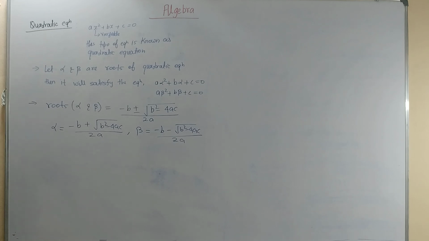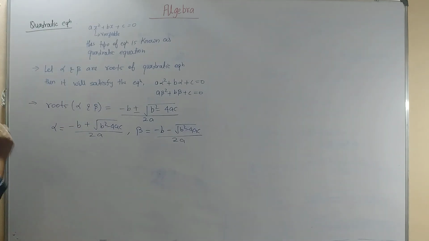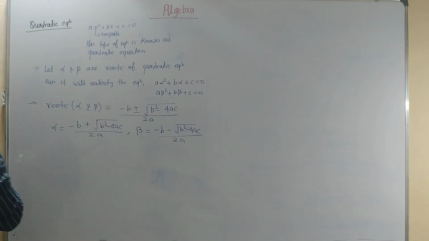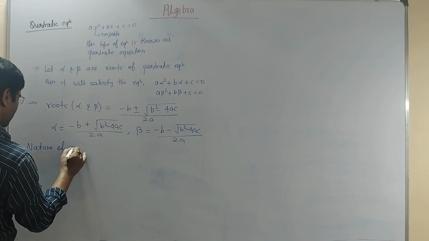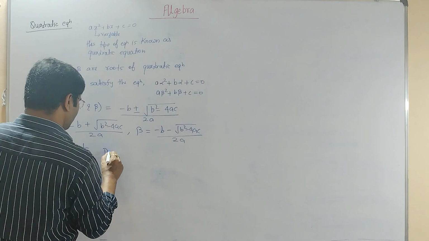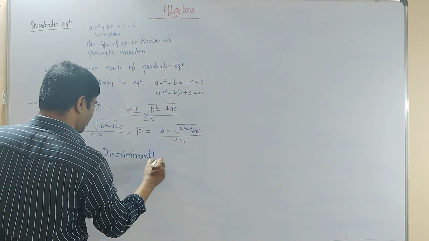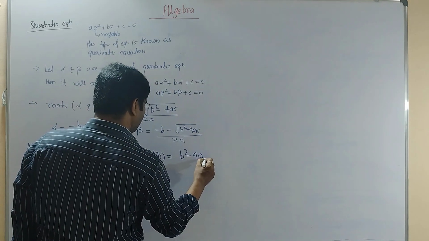Now, something important about these roots alpha and beta: whether they are real or imaginary. This is the nature of roots. For the nature of roots we find the discriminant, D, which is defined as b square minus 4ac.